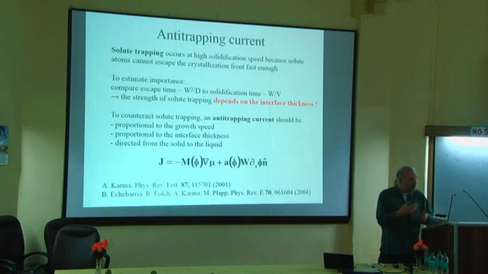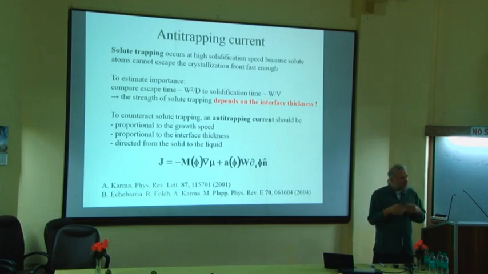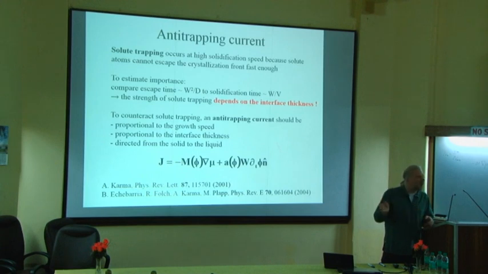And then the solute has sort of to manage to get out of the solidifying crystal, right? So if you think about the dilute case, in a dilute solution, usually the crystal has less solute than the liquid. So when the liquid crystallizes, this supplementary solute has to get out of the crystal.